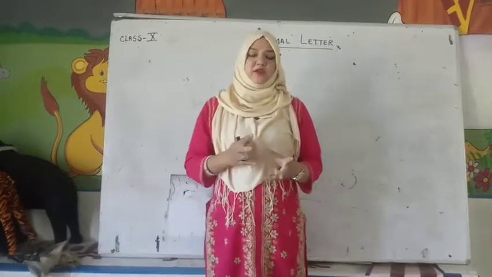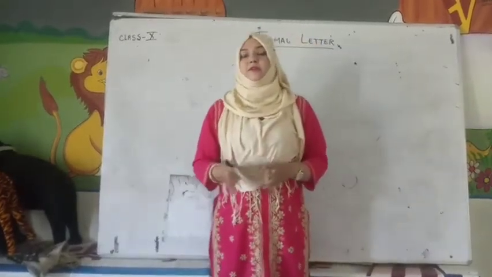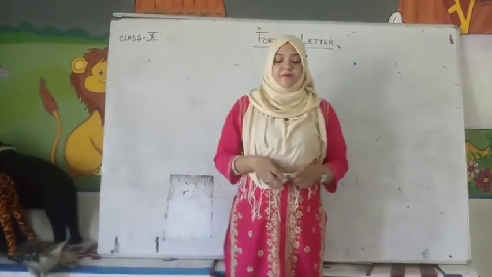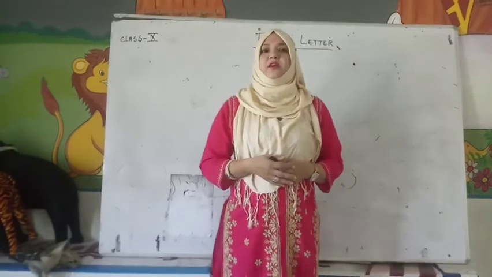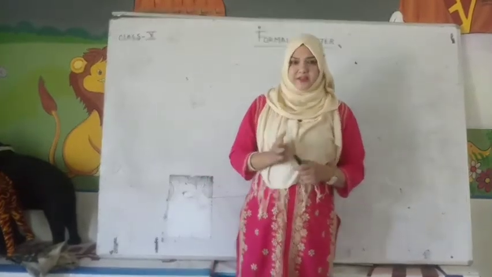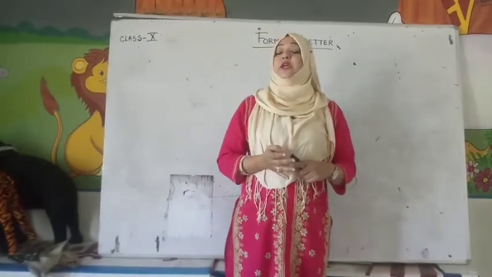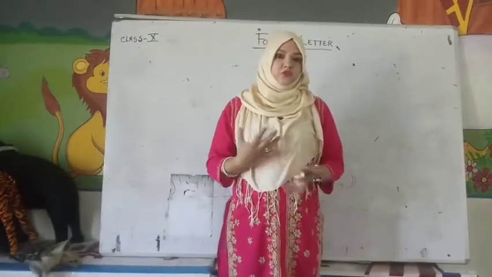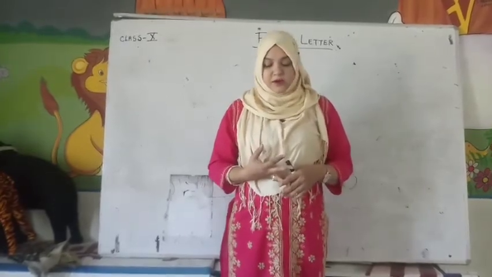Now you know there are two kinds of letters. Basically, there are formal and informal, but we are not going to do informal letters. We are doing formal letters, and in formal letters, we are going to have four kinds of letters. One, complaint letter. Then you have the inquiry, where you write a letter for inquiring about something that I'll tell you about.